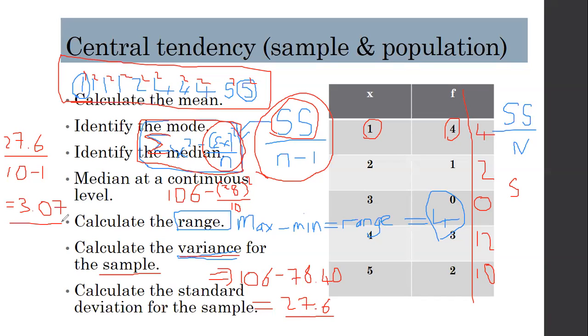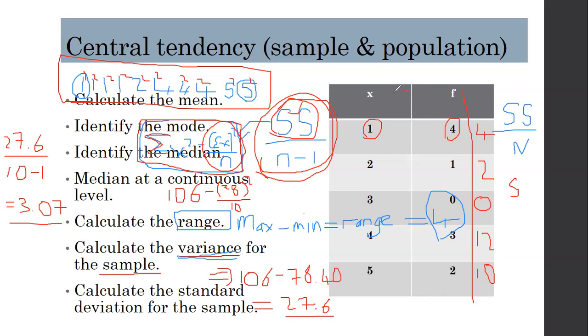Hi, so I have a question. I understand all the calculations we've done, but the sum of x squared minus that whole equation, what is that for? Okay, so that's how you work out SS. Yes, that's the formula for SS. And then that's for variance. Let me delete.